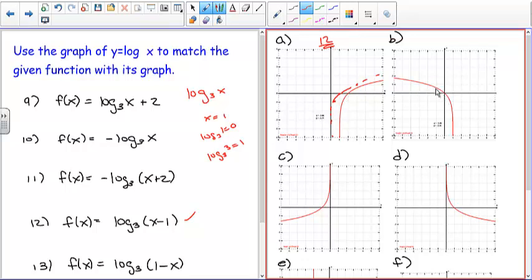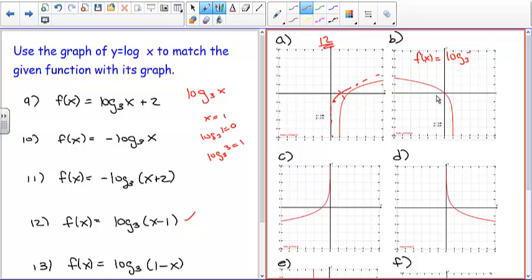Now this one is flipped around the y-axis. So this goes this way. If it was flipped, it would go through there, but it's shifted over 1 unit to the left. So let's just write this out. Just think about what's happening. So you're going to have log to the base 3.